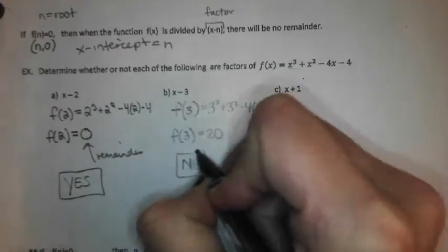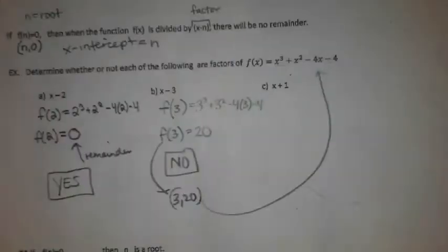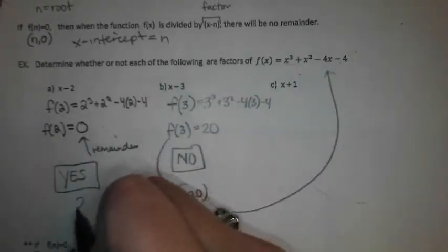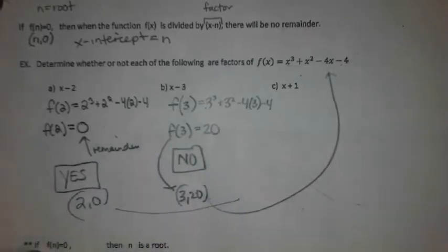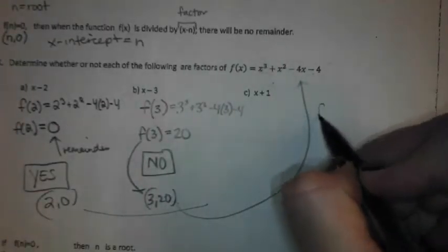No. But guess what? The point (3, 20) is on that graph. You with me? And what do we check, Micah, for C? F of -1.